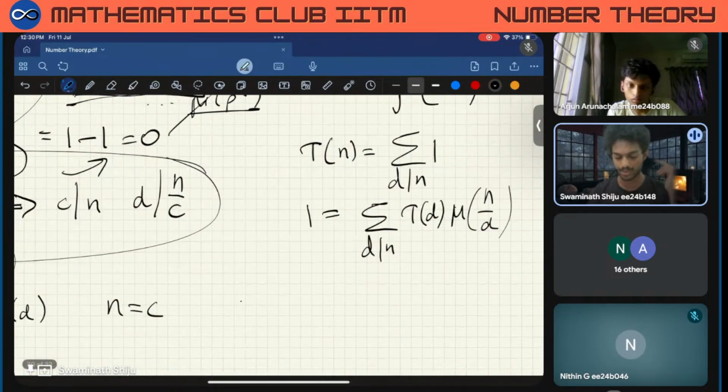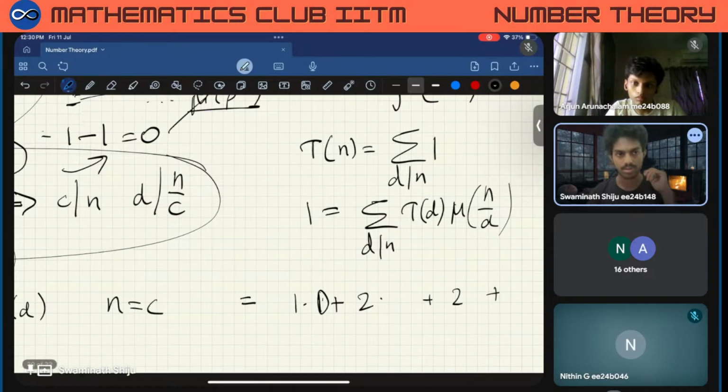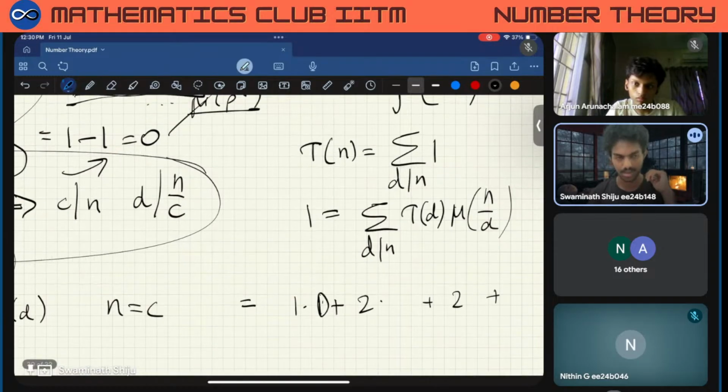Tau of 1 would be 1, mu of n by d would be 0, and then tau 2 is 2 into something. Tau 3 is also 2, plus tau 4 is 3. Tau 6 is 4. Tau 12 is 6. Now this is mu of 12 by 2, mu of 6 is 1.